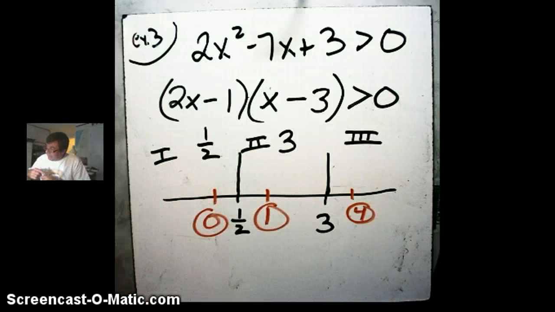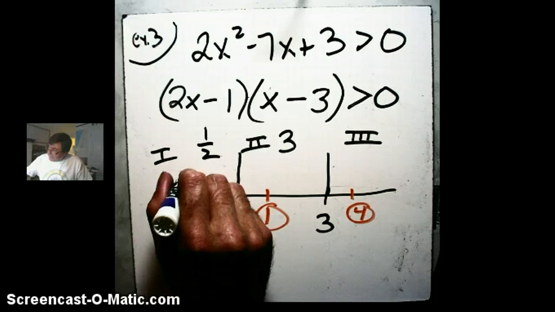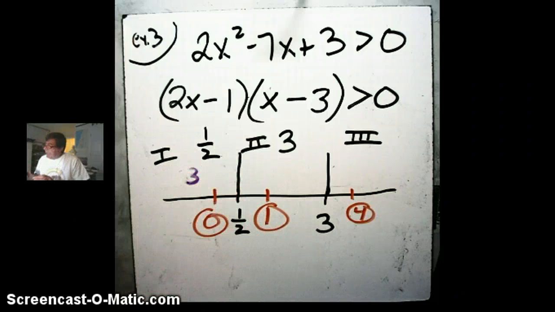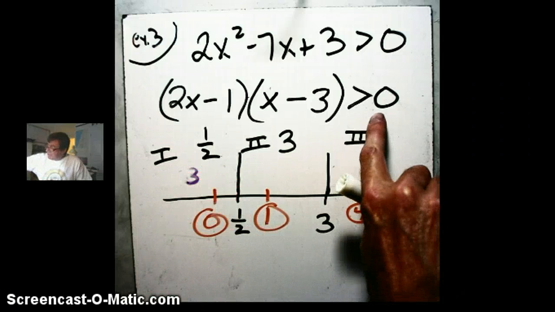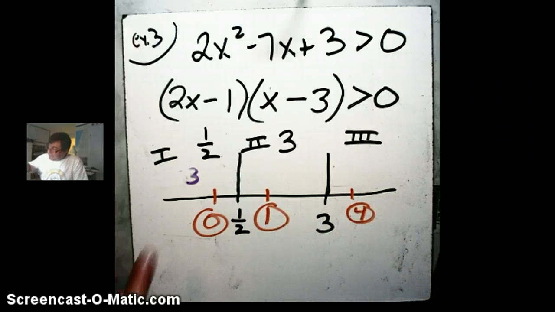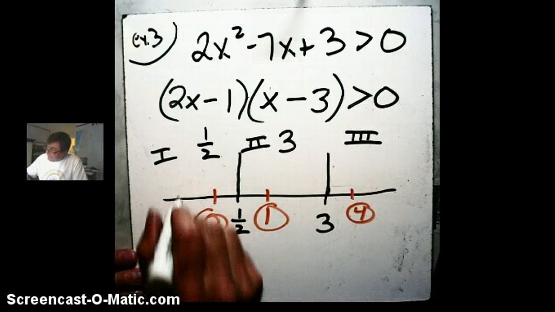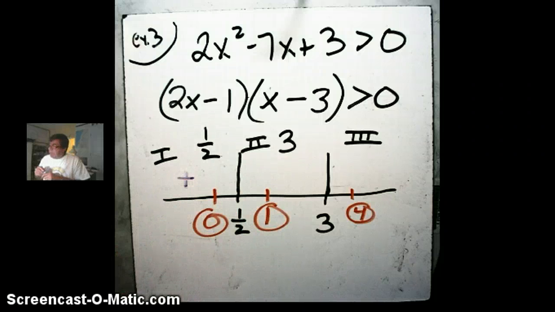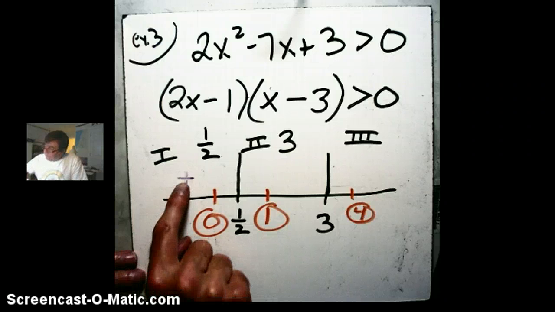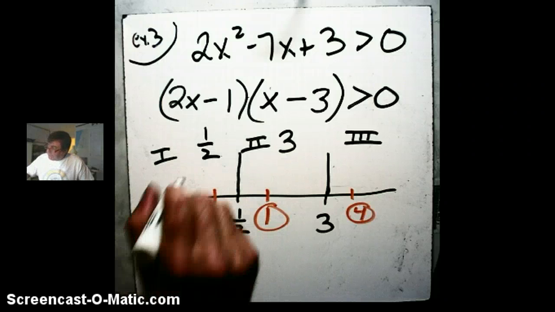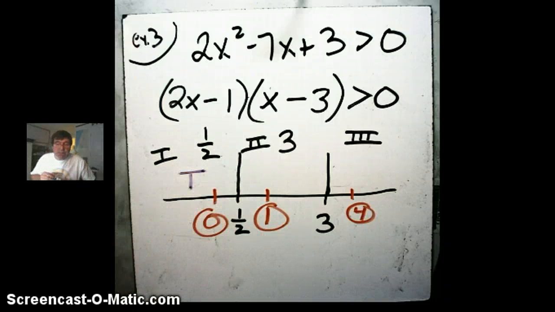That's 3. All I really care is if it's positive. Is that positive? Yes, it is positive. Now, is that what I'm looking for? 3 is positive. Yes, it is what I'm looking for, so it's true. I'm going to put a little T for true.